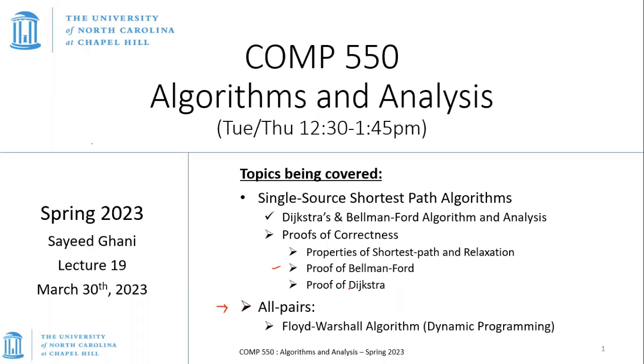We look at an algorithm called Floyd-Warshall's algorithm, which is based on dynamic programming. The algorithms that we've been seeing so far are mostly greedy algorithms, and Floyd-Warshall will be the first, perhaps, dynamic programming algorithm that we'll be looking at.